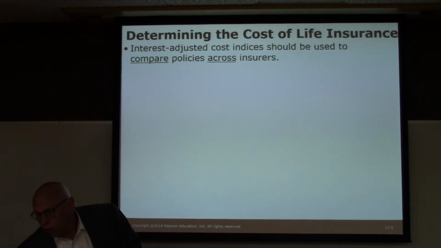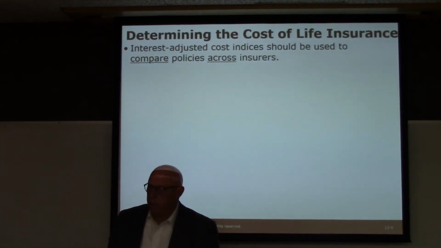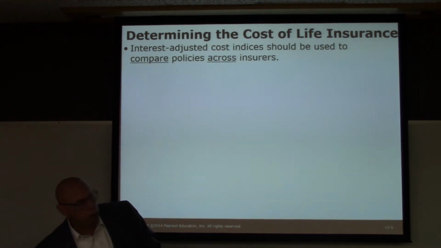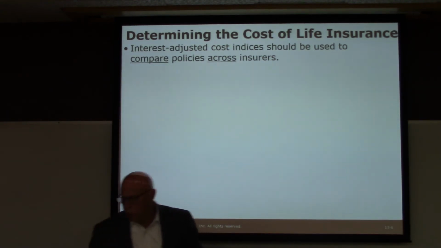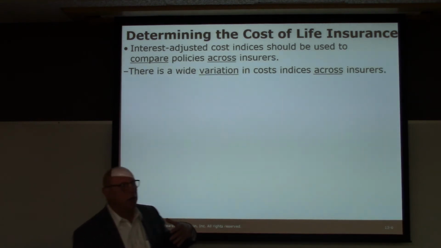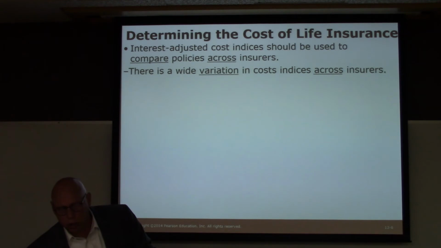All right, so interest-adjusted cost indexes should be used to compare policies across insurers. So what this is saying is, this is the way to determine cost. Okay? You will find that there's a wide variation in costs across insurers.